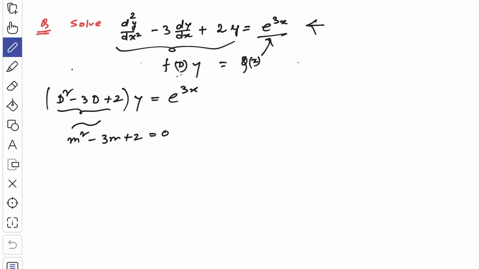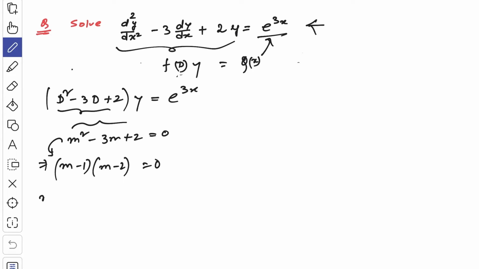So it is a simple quadratic equation. You can solve by means of factorization, or you can use the quadratic formula also. If you factorize this left hand side, then you will get (m minus 1) into (m minus 2) is equal to 0. You know how to factorize this kind of expression, so I don't think I need to explain this.